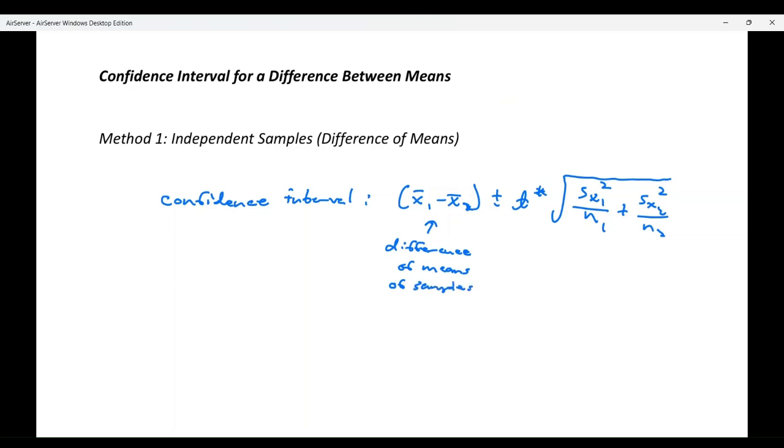Then t, of course, is our critical value, and again we need a df. We've got two samples though, and what if those sample sizes are different? When we do n minus 1, we always use n for the smaller sample size.